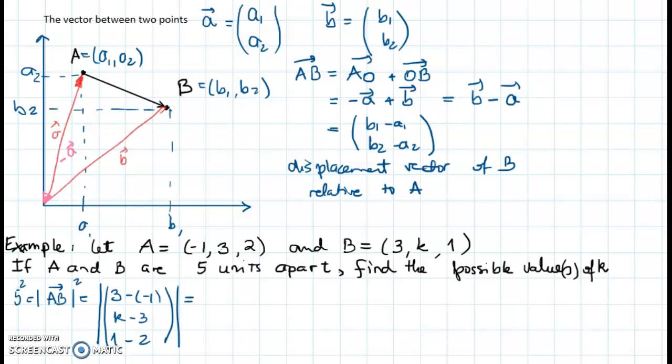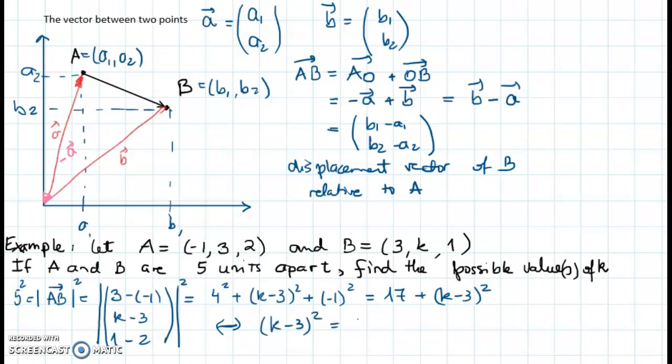When we find the length of this vector, we are going to have the length squared of the vector, we're going to have 4 squared plus k minus 3 squared plus -1 squared, and that's 17 plus k minus 3 squared. So what we want is k minus 3 squared to be equal to 25 minus 17, which is 8. So that means that we want k minus 3 to be either plus or minus the square root of 8.